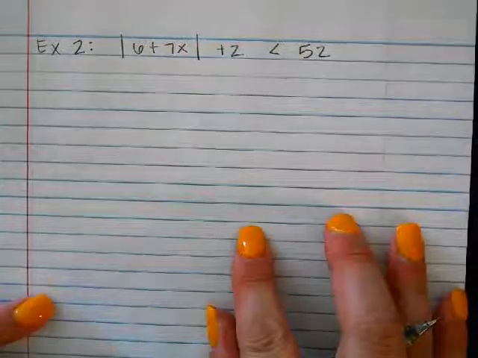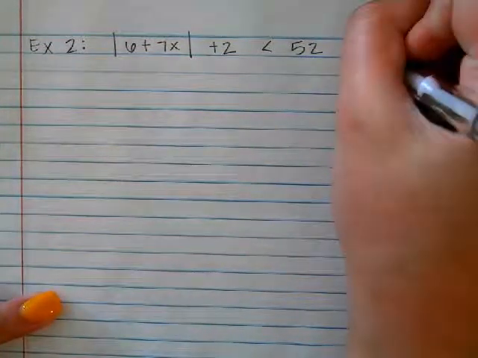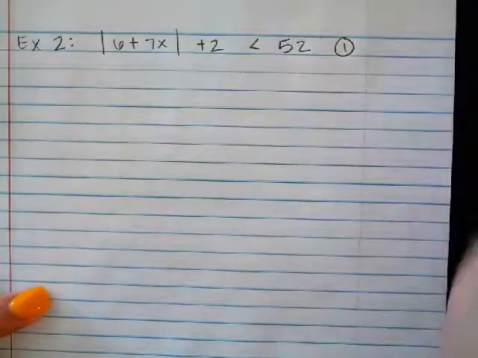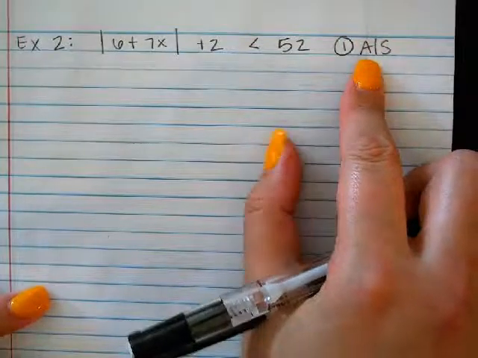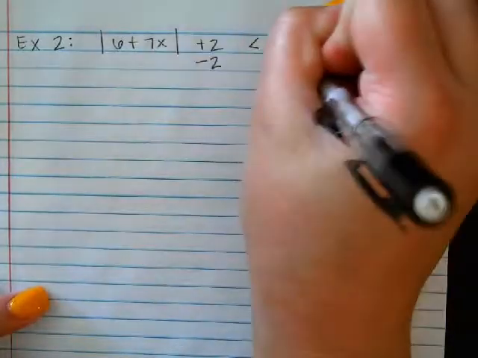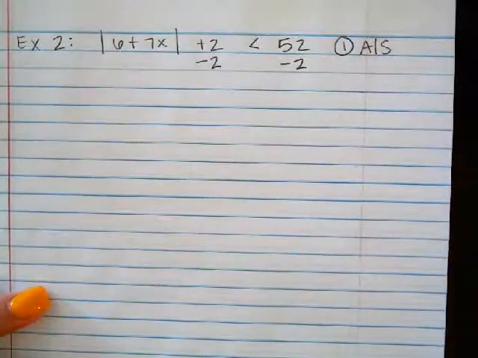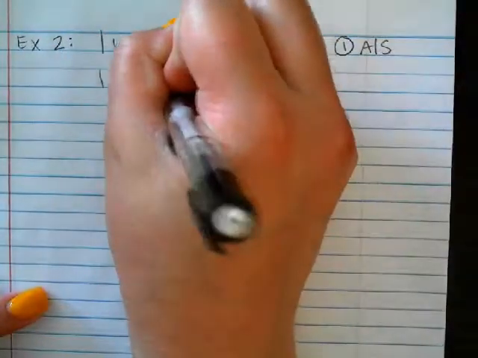PEMDAS backwards. First step. Okay, so we are looking for something we could add or subtract over. We can subtract the 2 over. It's less than 50. Okay.